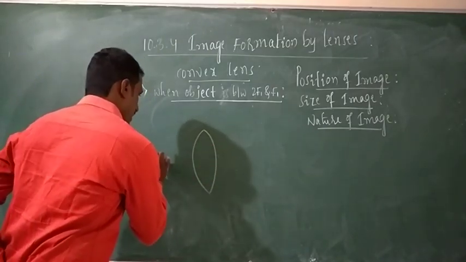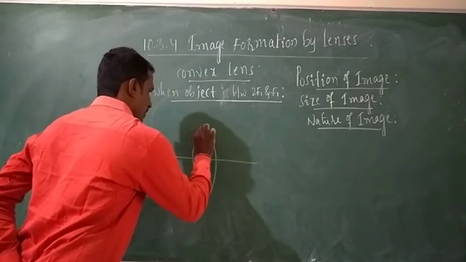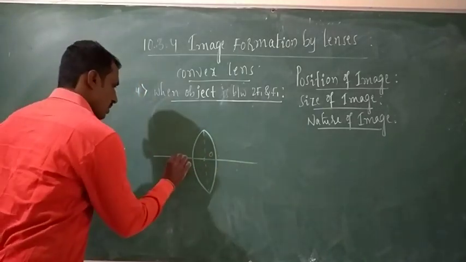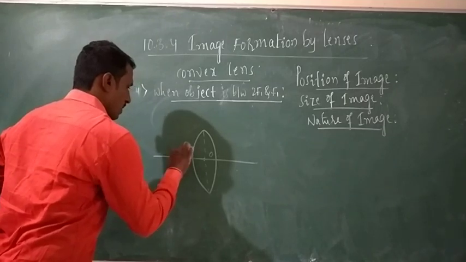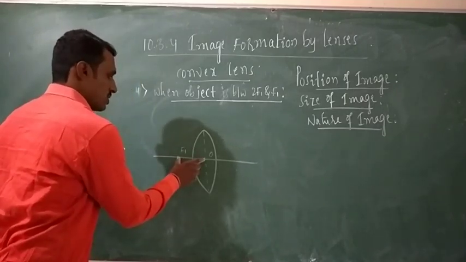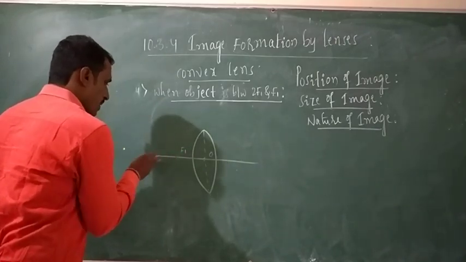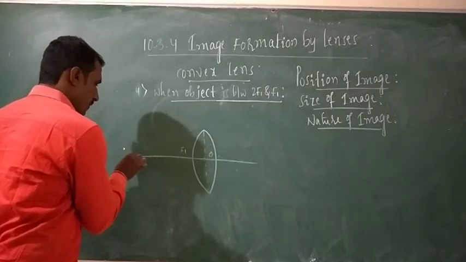This is optical center. Shall we take this as focus 1? At the same distance of optical center to focus, what we have? Center of curvature, that is called as 2f1.